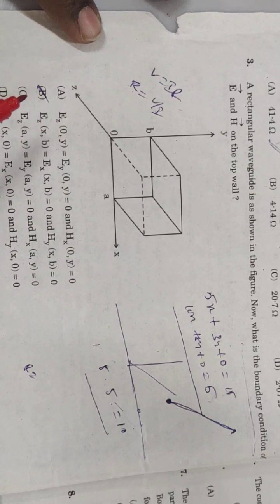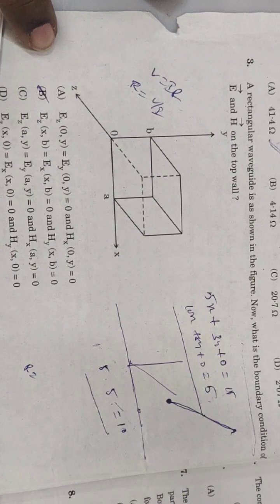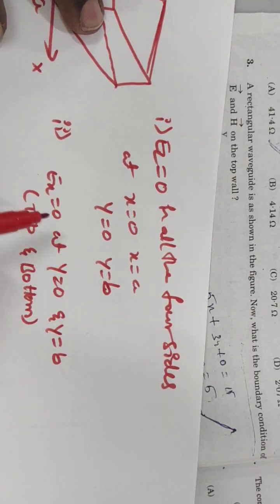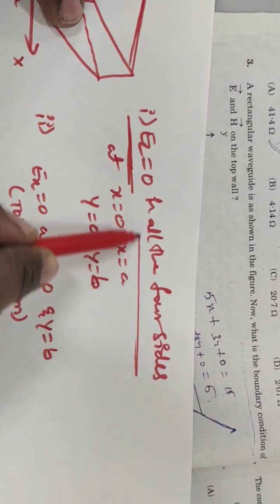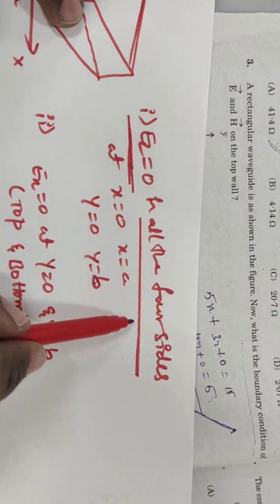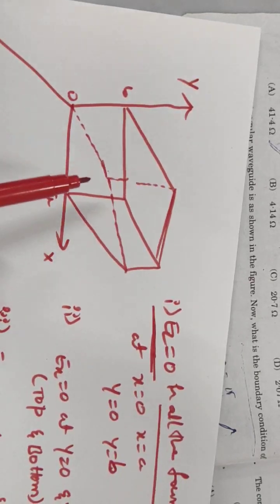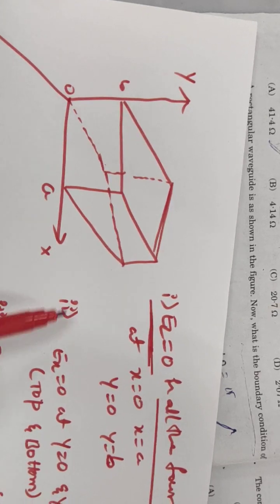How is it correct? How do we remember this type of problem? These conditions you should always remember. Ez is equal to 0 on all four sides, because the rectangular waveguide is in the xy plane.